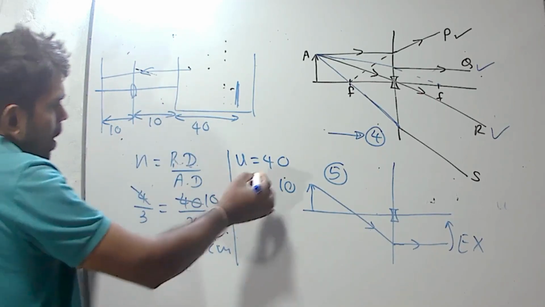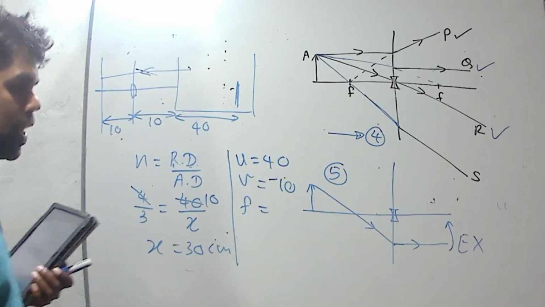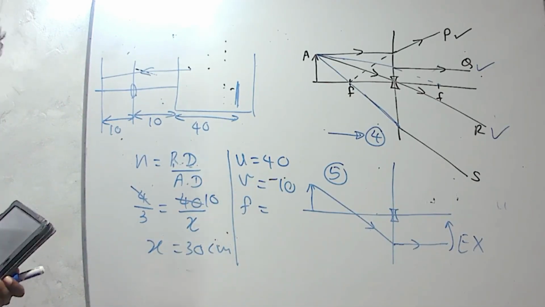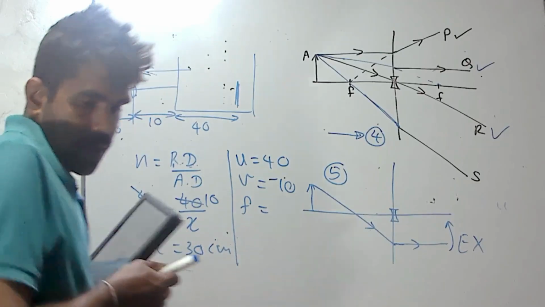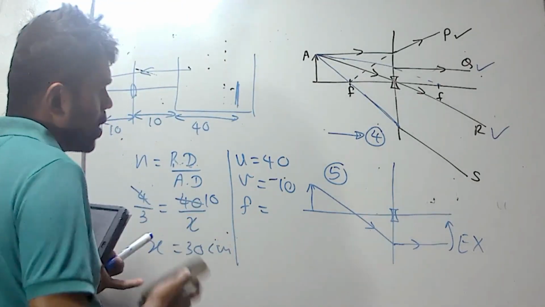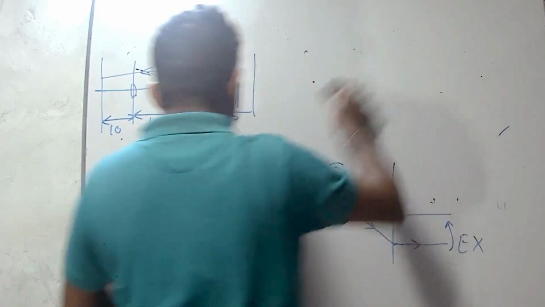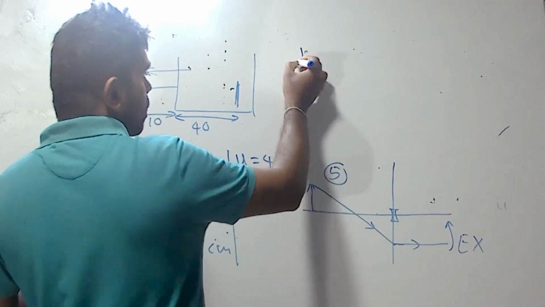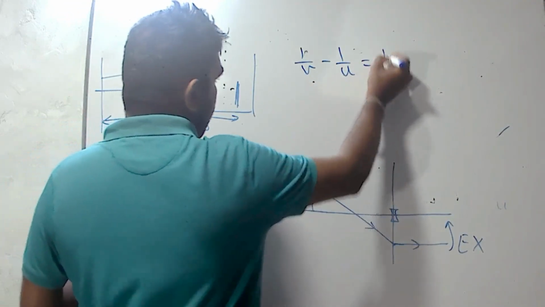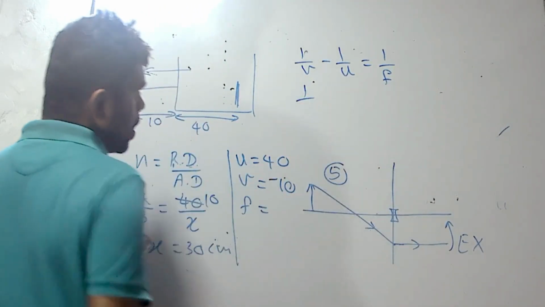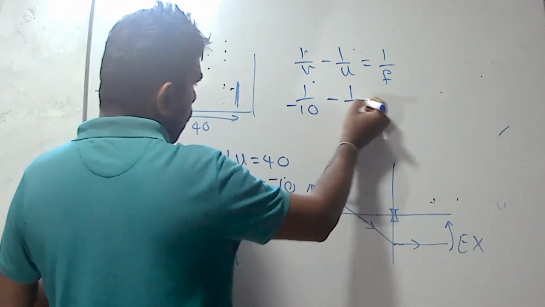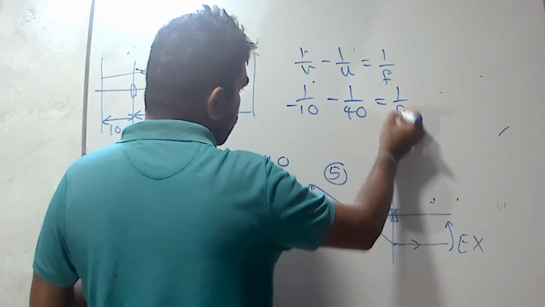V is same direction as the light rays, it is minus. We have to find f. Now we can use lens formula. 1 over v minus 1 over u equals 1 over f. Image distance is minus 10. Object distance 40. We have to find focal length.